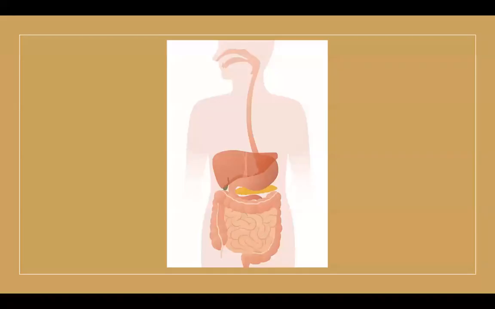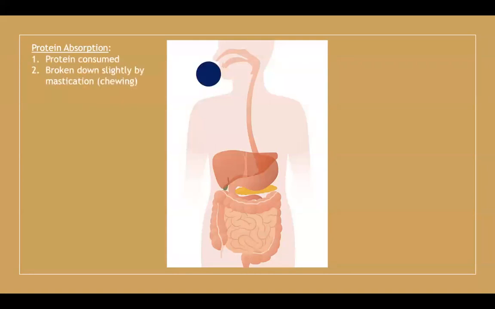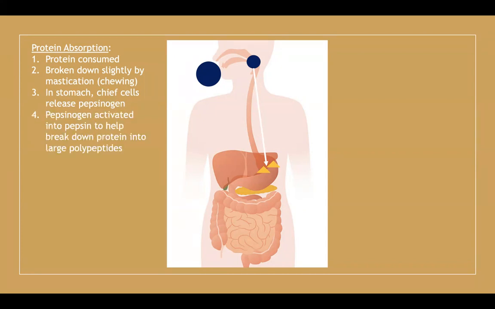Now we can move on to proteins, which is a little bit more straightforward. If you consume proteins, again, there's some mechanical breakdown by chewing foods. And in the stomach, we have our chief cells, which recall from our gastric lecture are our CHOMP cells because they produce pepsinogen and gastric lipase. So pepsinogen is released by these chief cells and they can break down proteins.